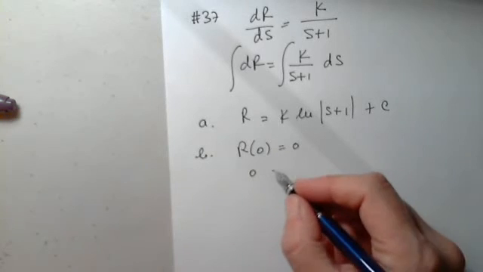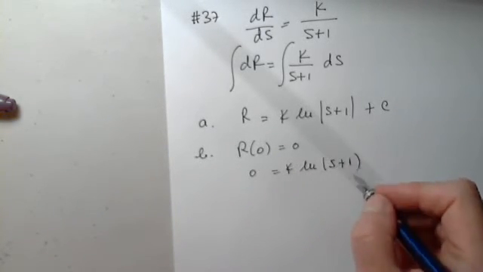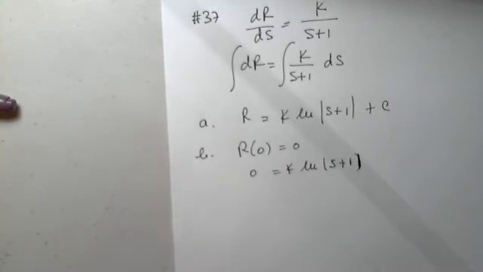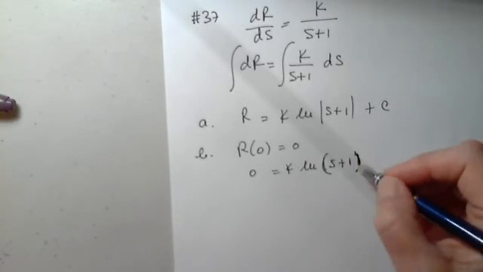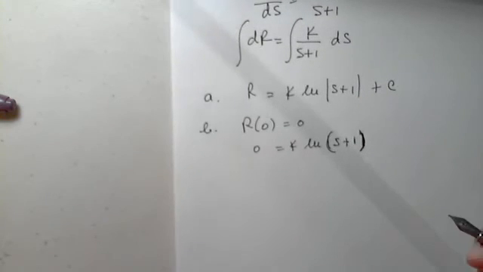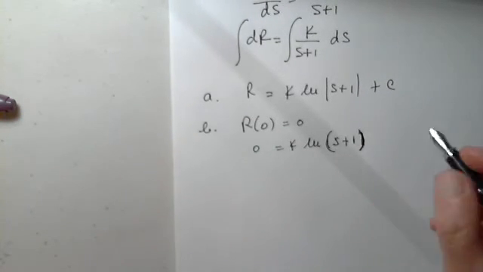So 0 equals k natural log of the absolute value of S plus 1 plus a constant C. Since S is the number of units of a product, I will consider S plus 1 being positive, so I can drop the absolute value and replace the absolute value symbols by parentheses.